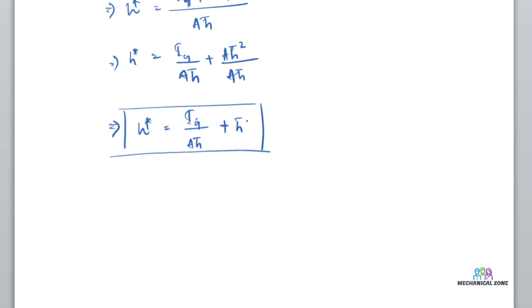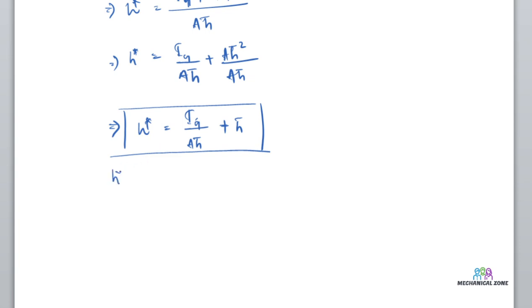So from this we got the distance of center of pressure from the free surface. In the previous video we calculated the total pressure force, and here we have calculated the distance of center of pressure from the free surface of the liquid. So you can easily say that h bar is the distance of center of gravity from the free surface of liquid, and h star is the distance of center of pressure from the free surface of liquid.